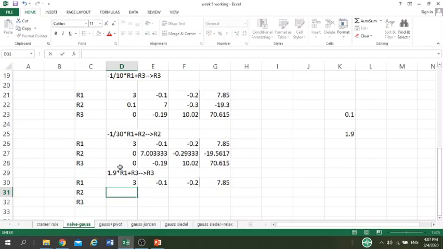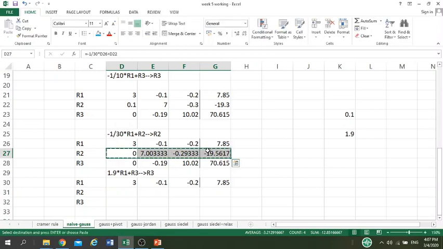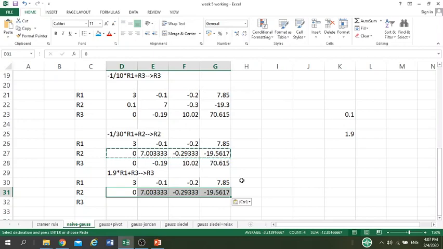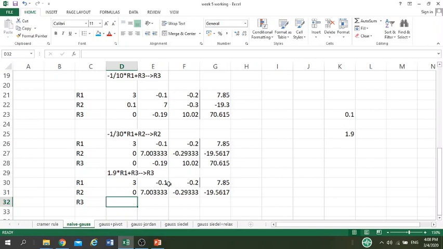So we don't change anything on row 2 as well. Let the values stay as they are. This is the one that we have to do the changes.